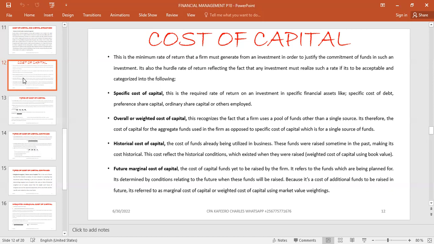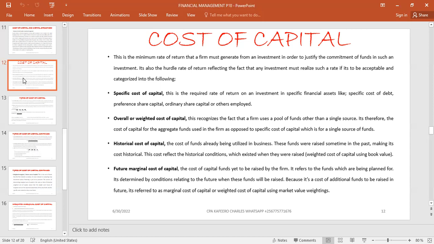So here we are talking about the specific, meaning it is one category when you are computing. But the second one says overall. Overall means the total. That's what we call the weighted cost of capital. It is overall or weighted cost of capital. This recognizes the fact that a firm uses a pool of funds other than a single source. It is therefore the cost of capital for the aggregate fund used in the firm as opposed to the specific cost of capital, which is for a single source of fund.